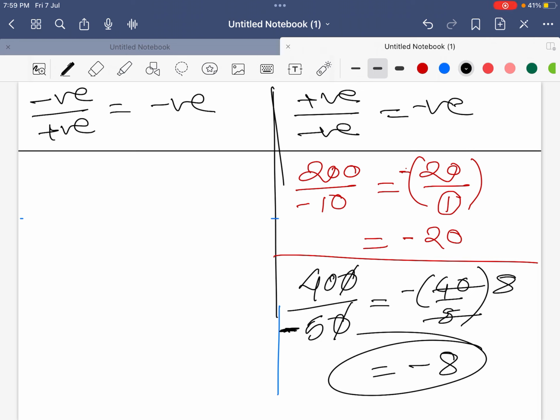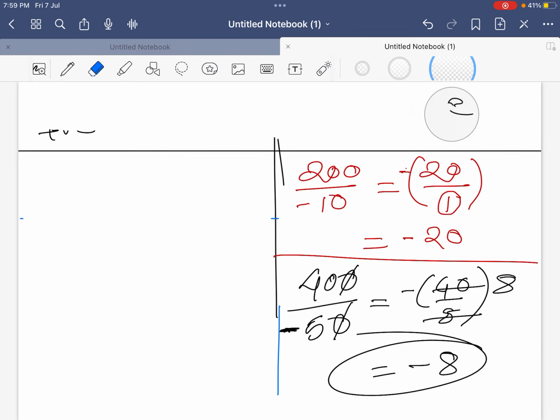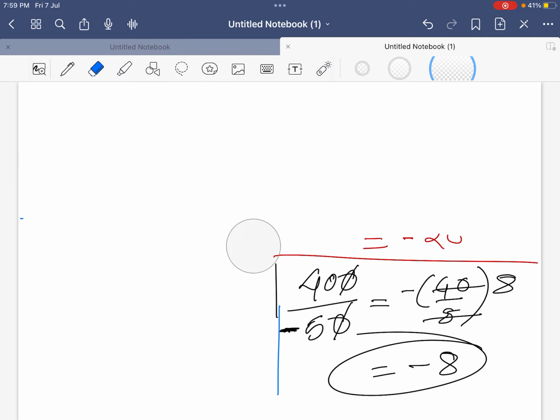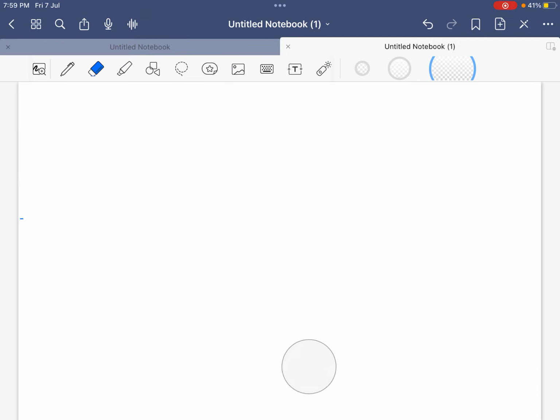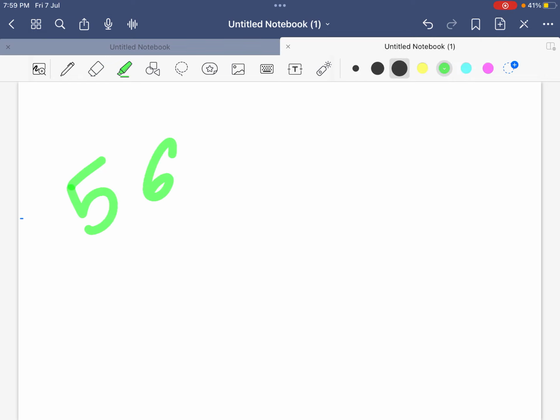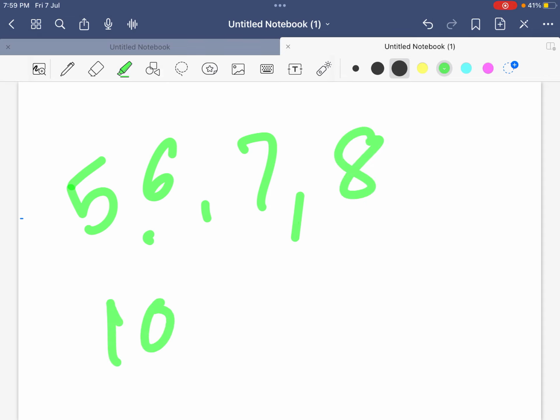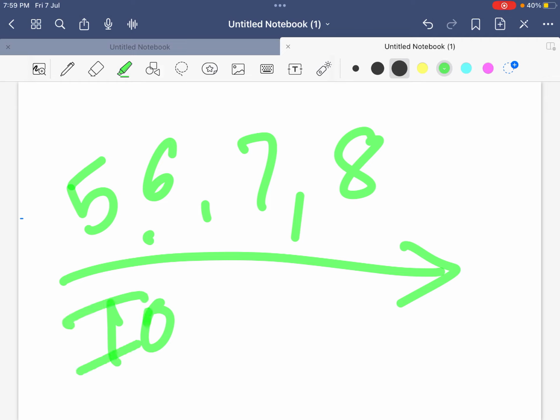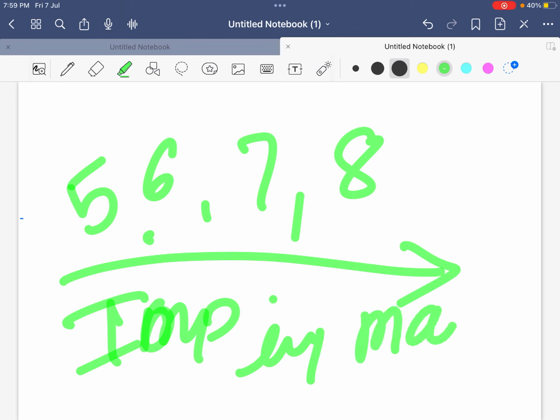Okay, so do more or solve more examples to understand this concept, because this concept is useful from 5th standard, 6th, 7th, 8th, means 5th onwards, and is very very important in mathematics.